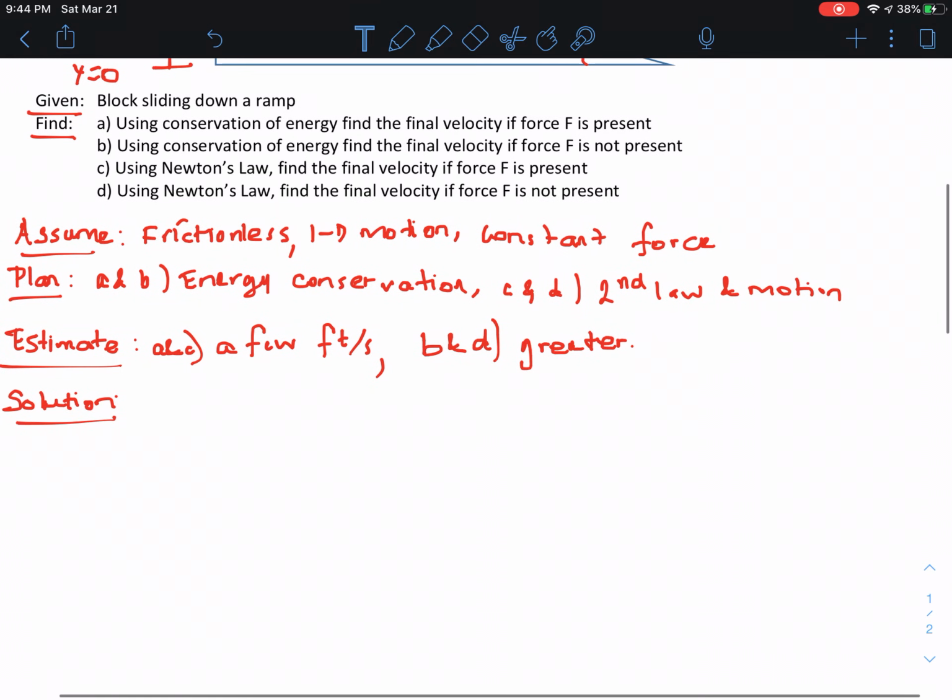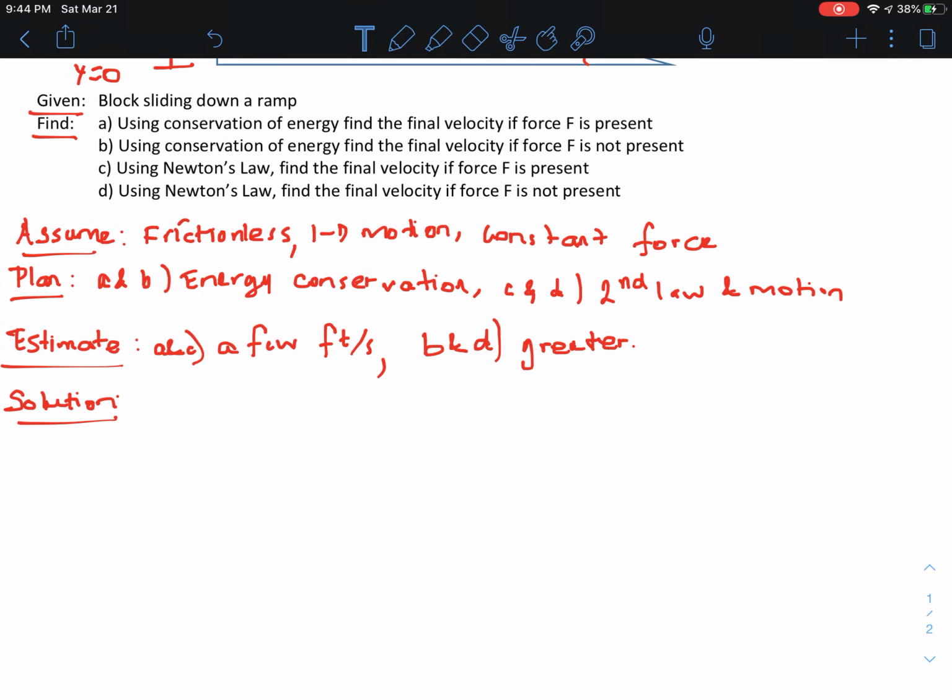So assumptions are frictionless, it's 1D motion, and it's constant force because it has 15 pounds. That's also why we can solve this problem in another way by using Newton's second law and the constant acceleration equations of motion. And that's the part for C and D. I'm not going to show the solution on the video, but the written form has the solution for all of those parts.